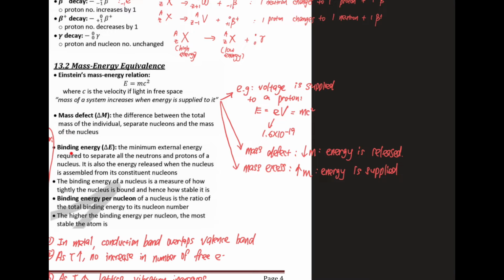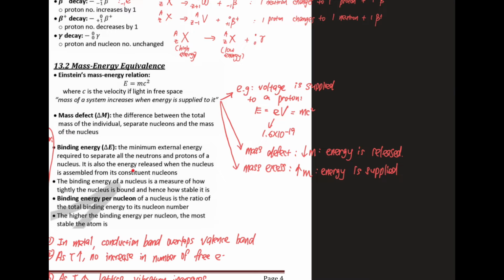Binding energy. The minimum external energy required to separate all the neutrons and protons of a nucleus. So try to imagine, neutrons and protons are held together in the nucleus by some attraction inside the nucleus itself. So if you want to separate them, you need binding energy.